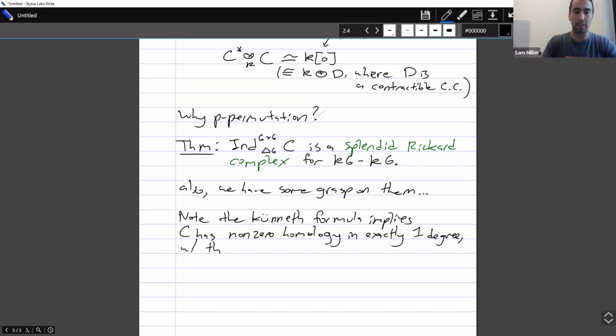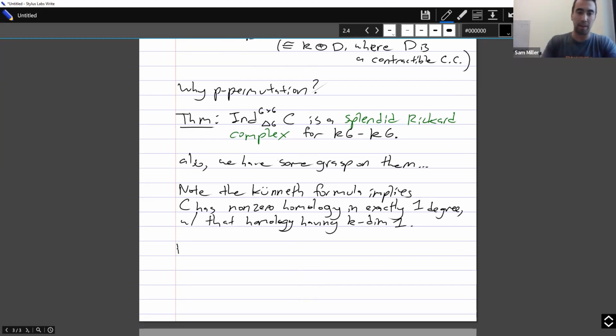With that homology having k-dimension 1. This isn't sufficient, of course, but it will be a key property.